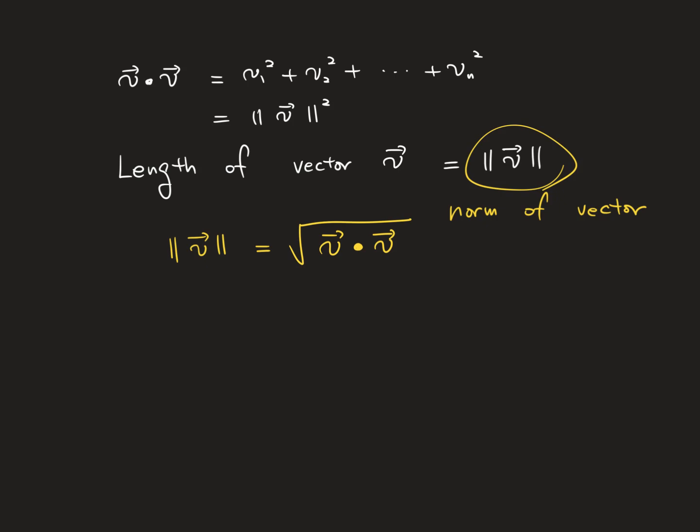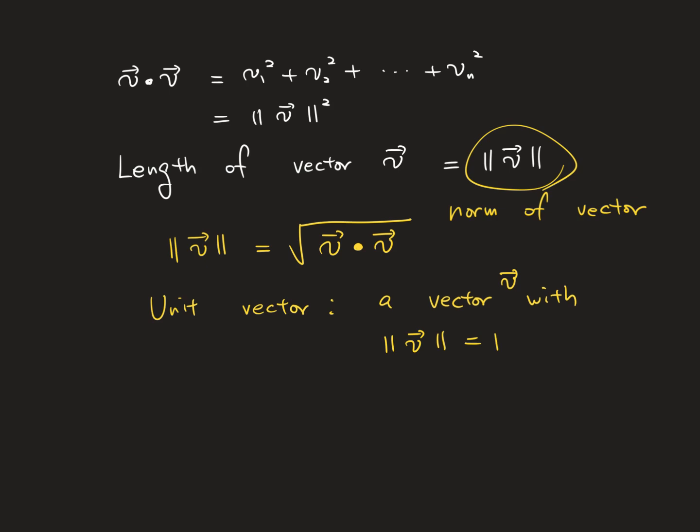And another terminology is unit vector. Unit vector means a vector v with the norm equal to 1.